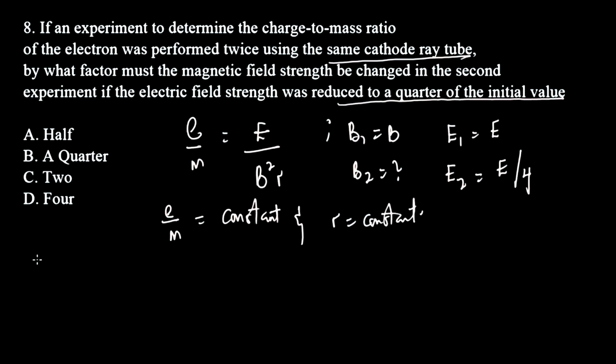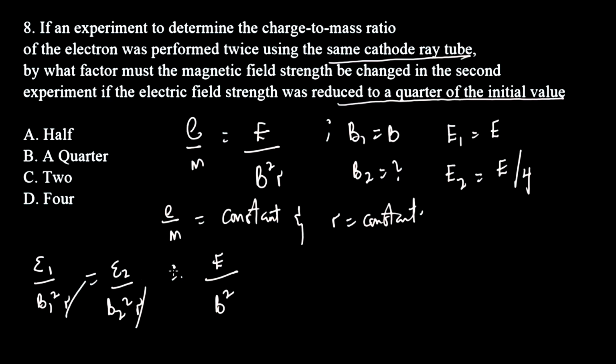Therefore E1 over B1 squared r equals E2 over B2 squared r. So we have E over B squared, and the constants cancel out. We have E over 4 B2 squared. We do not know the value of B2.